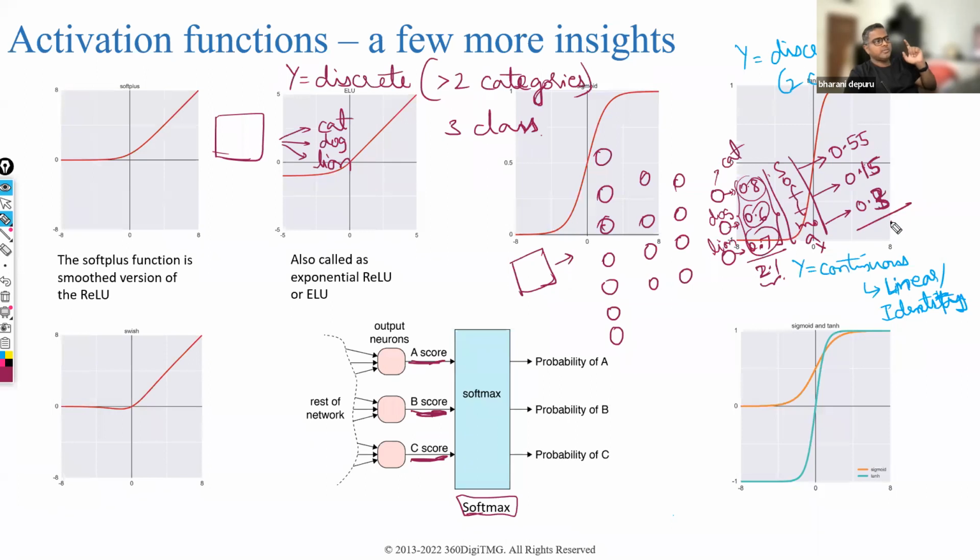Now if you add these values, it will sum up to 1. So softmax applies some math equation on the outputs of the neurons, and finally the results will be probabilities. How can you determine whether those are probability values or not? Just add them up. If they sum up to 1, then those are probability values.